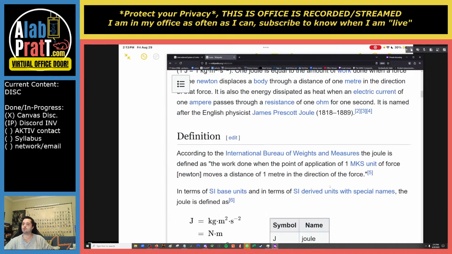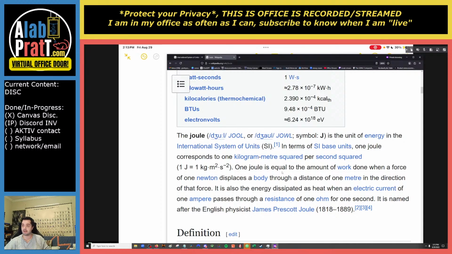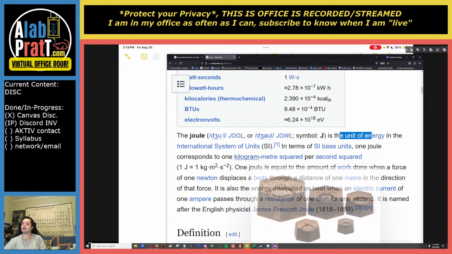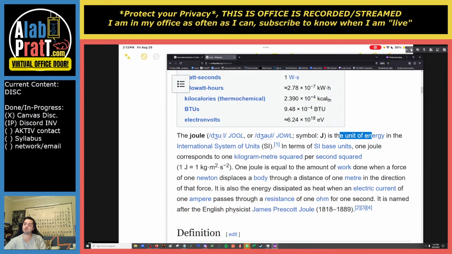The joule is a unit of energy, and 1 joule is equal to the amount of work done when a force of 1 Newton displaces a body through a distance of 1 meter in the direction of that force.